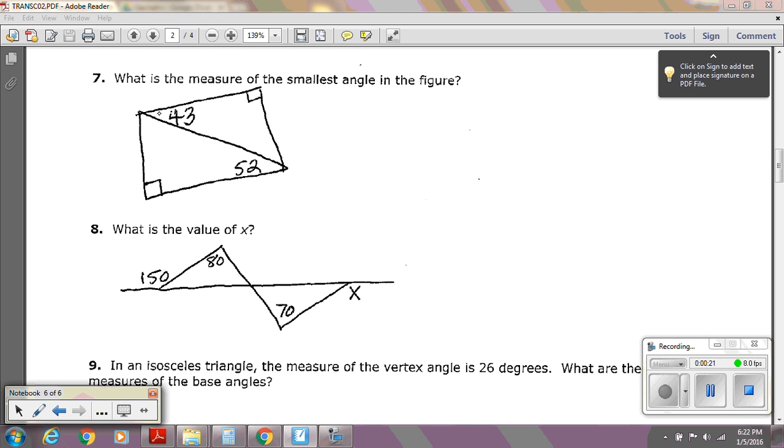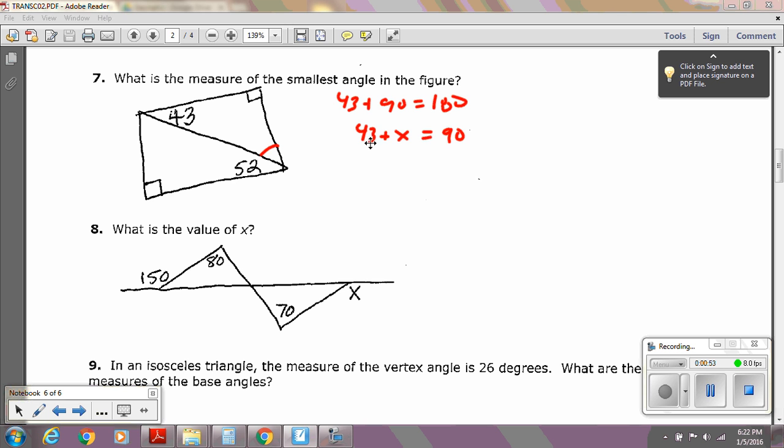In this triangle at the top, we notice there's a 90-degree angle and an angle measuring 43 degrees. So we're looking for this corner right here. I know that 43 and 90 would equal 180, right? But a shortcut is I know that 43 and the missing angle will equal 90, because 90 is already half of 180.